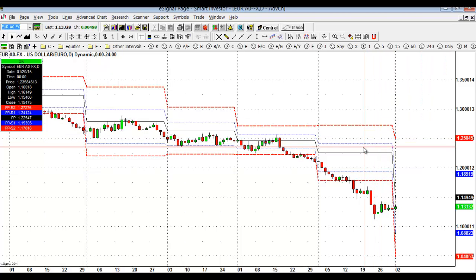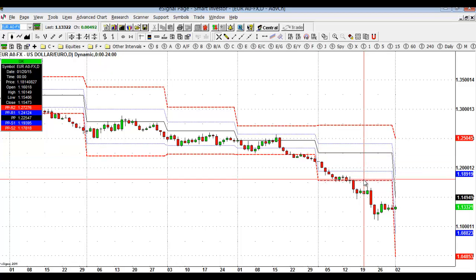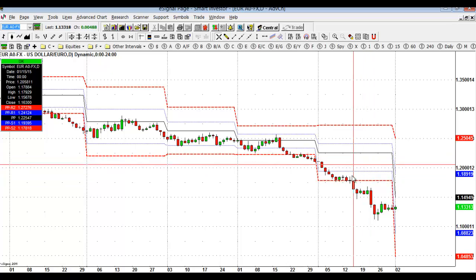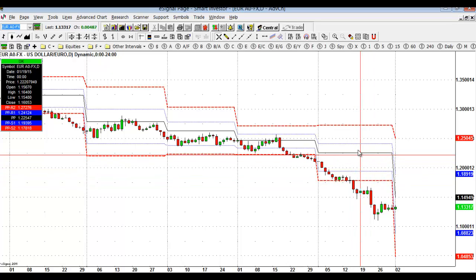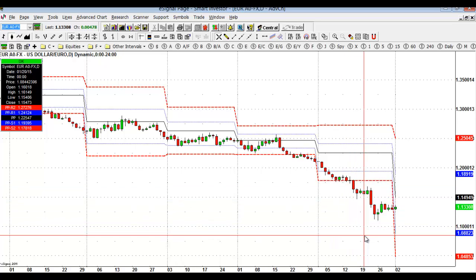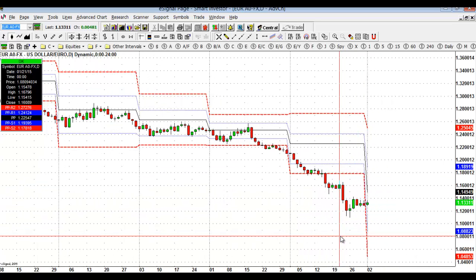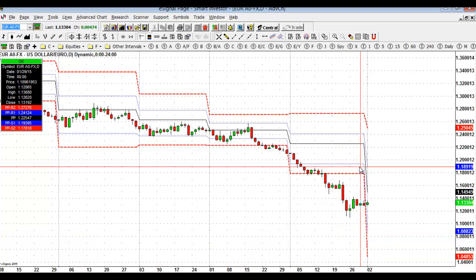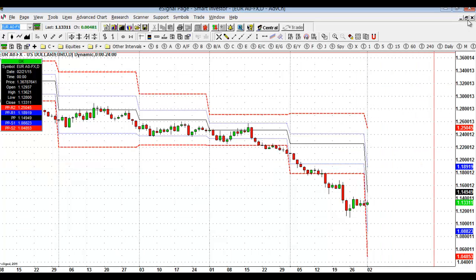Very wide range for the pivot points, but I suspect the high will be somewhere near the 118-120 level if we get up that high, and the market could stay between 108 and the 118 level, which will be the monthly S1 and the monthly R1 in the euro.